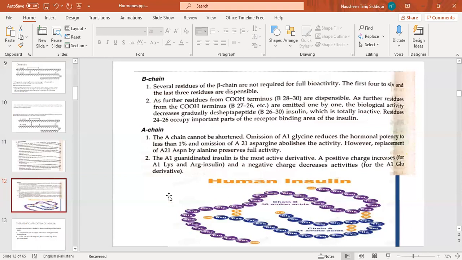The A1 guanidinated insulin is the most active derivative. A positive charge increase for A1 lysine and lysine and arginine insulin, and a negative charge decreases the activity for A1 glutamate or glutamic acid derivative.